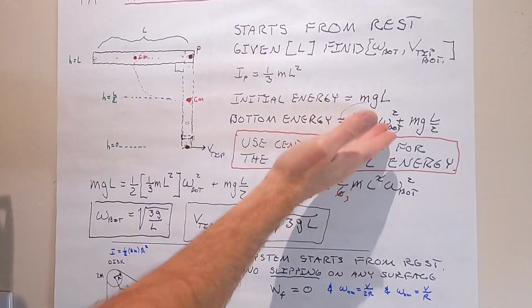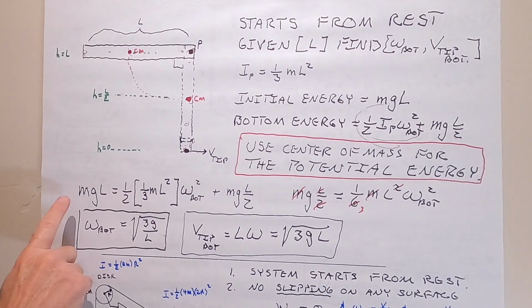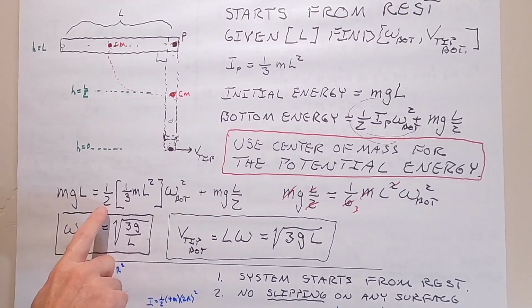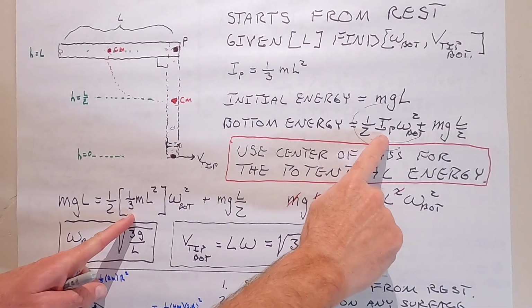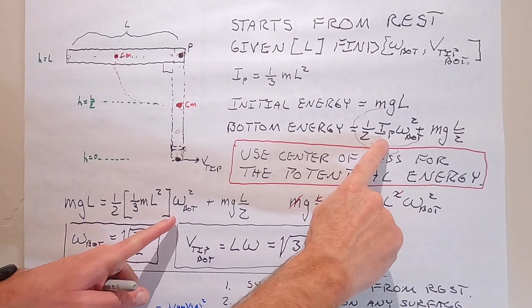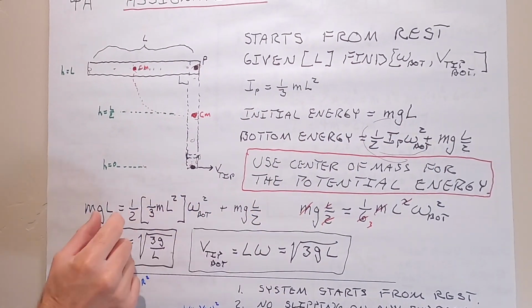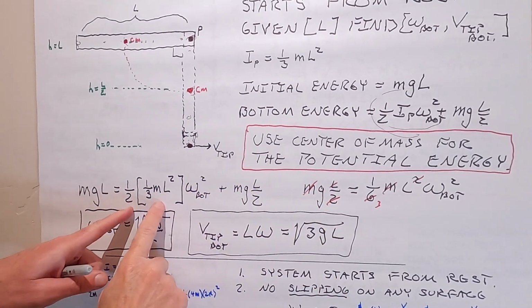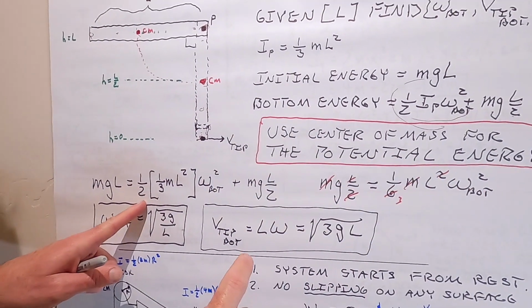So all we have to do is set these two equal. There is no energy loss. So we have mgl, the initial energy, equals 1/2 times the I, which we said was 1/3 ml squared, times omega squared, plus mgl over 2. I'll bring this term over to this side, which gives me mgl over 2 equals, combining, 1/6 ml squared omega squared.